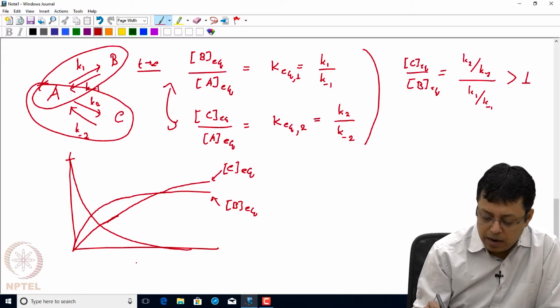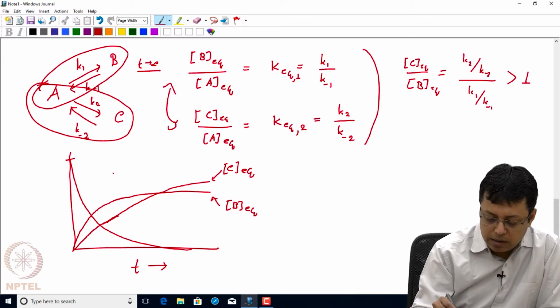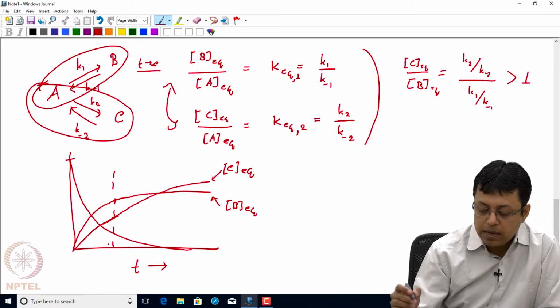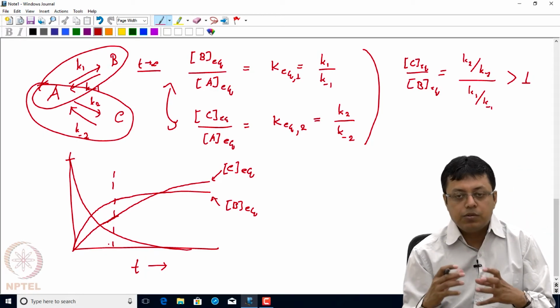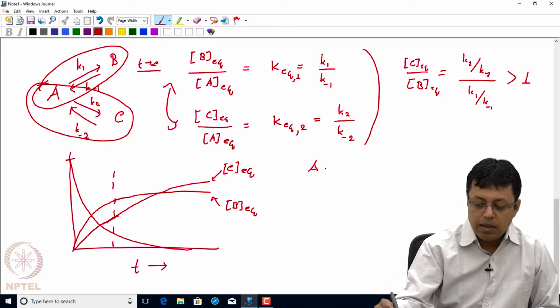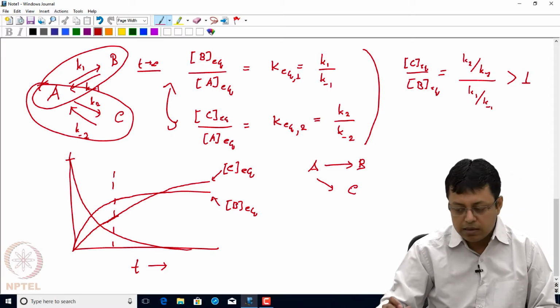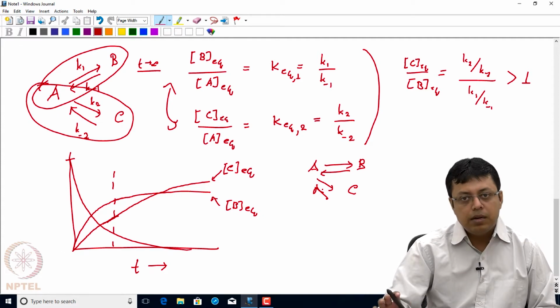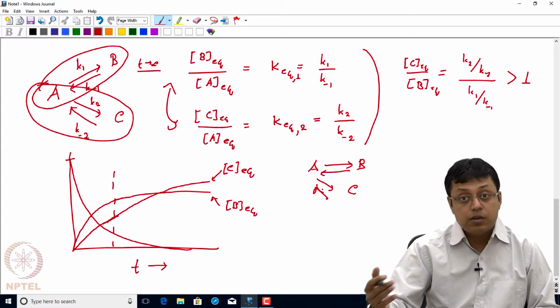So we see that at an early time, suppose we start only from A, and then you are forming B in one channel and C in another channel. Then, as soon as B forms, after a certain time the reverse reaction rate also increases, because you remember that the rate is nothing but the rate constant times the concentration.